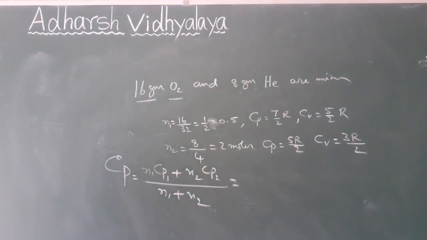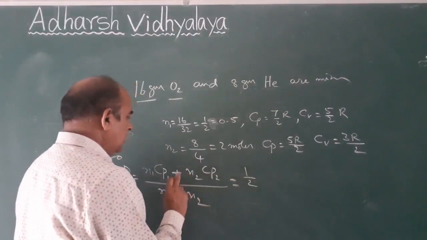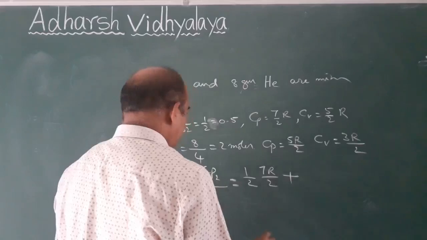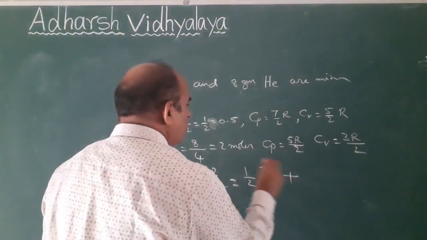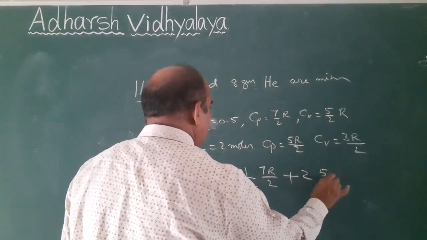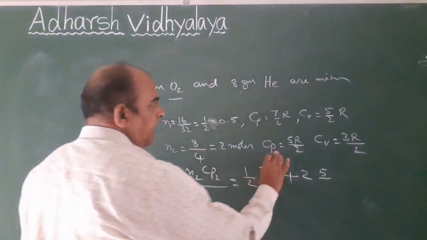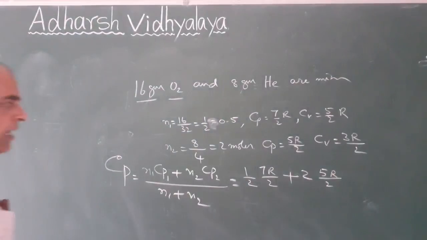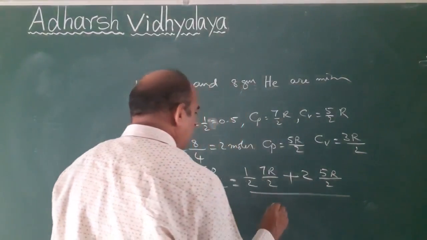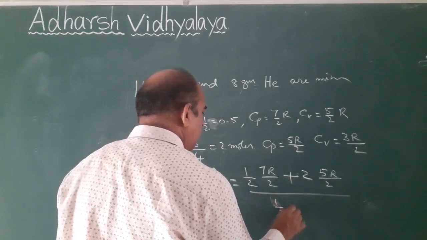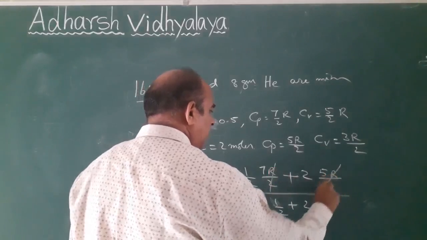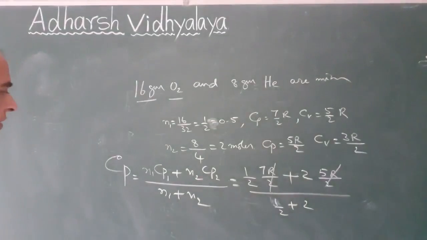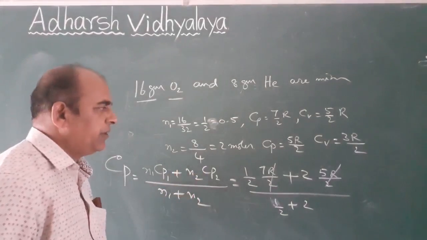N1 is 0.5, Cp1 is 7R by 2, plus N2 is 2 moles, Cp2 is 5R by 2, divided by N1 plus N2.